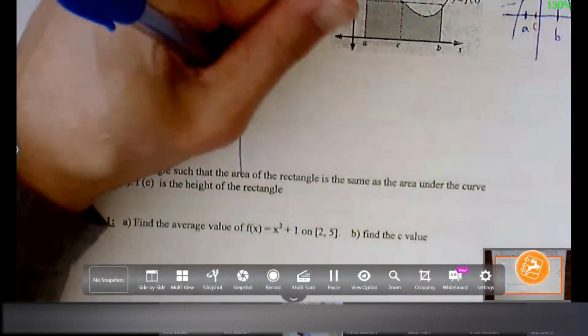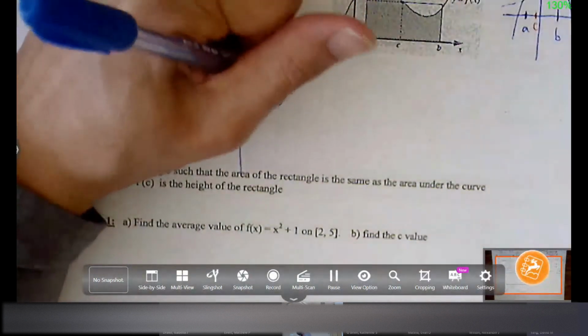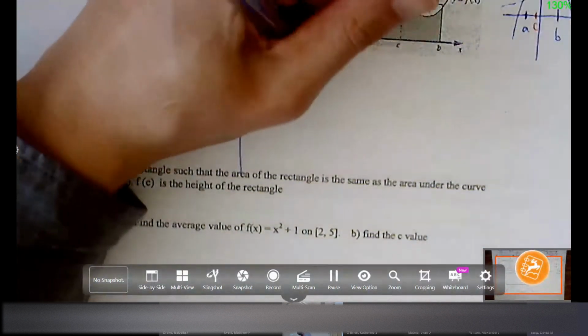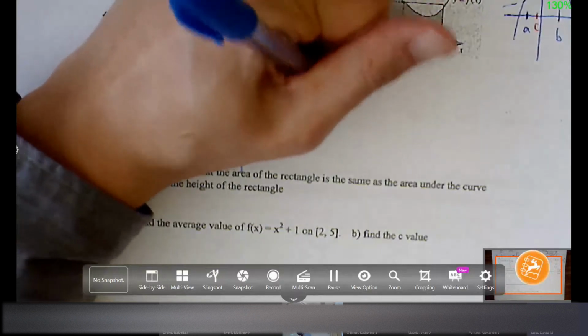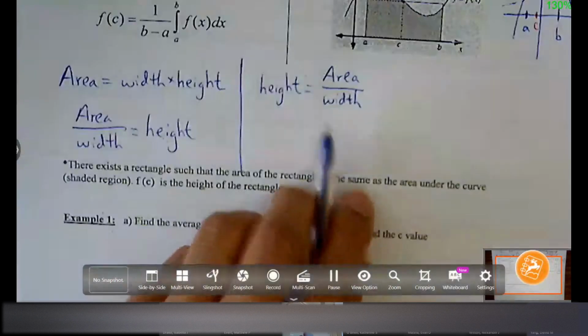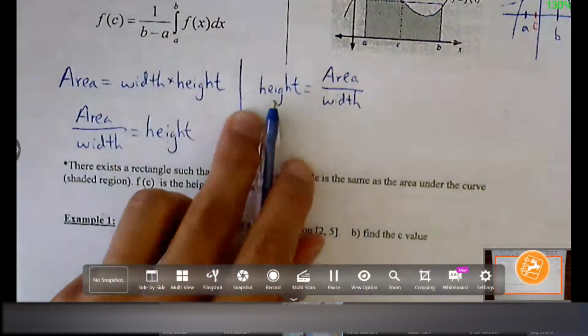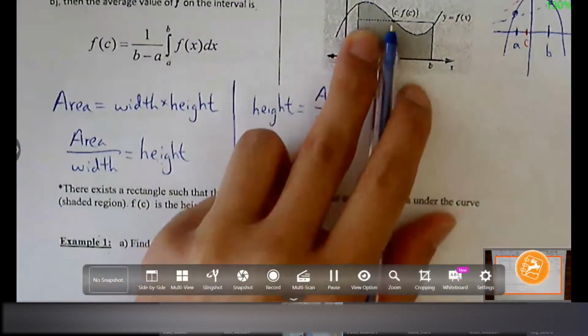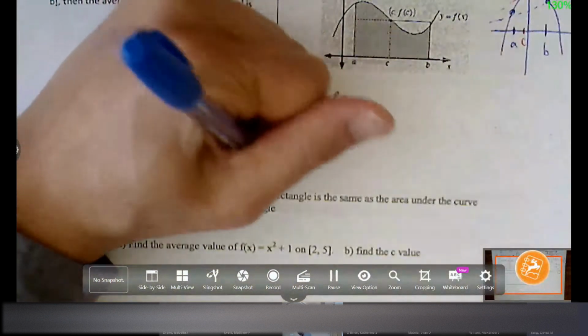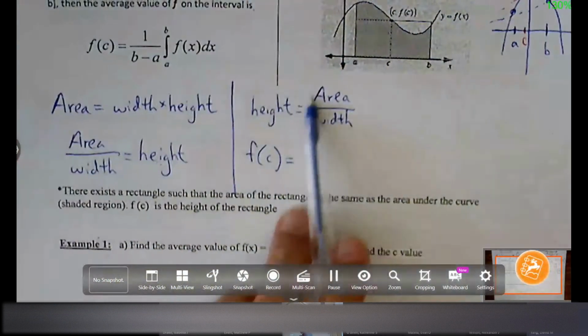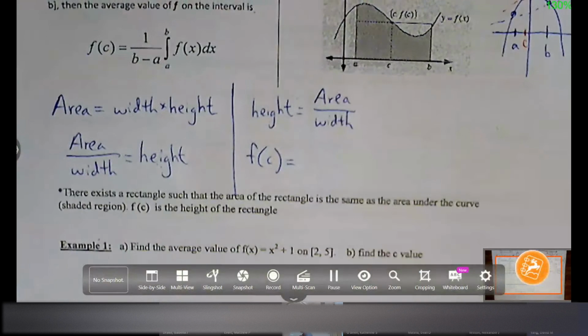So we're basically going to be working off of this formula. It's basically just area divided by the width. I want to start with this idea and show where this formula is coming from. Height is the y value that I'm looking for, so I'm going to call that f of c. That's the average value. Area, we associate with definite integrals.